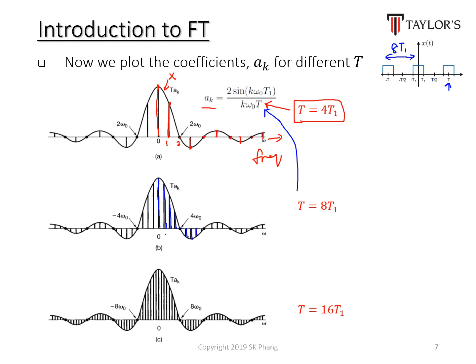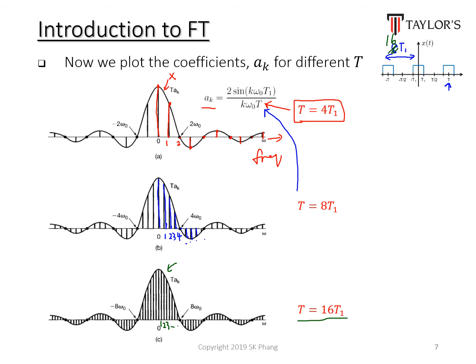So this one is still k equals 1, k equals 2, k equals 3, k equals 4, and so on. And then if we further increase it, let's say to 16t1, no longer 8 but 16t1, you'll notice that the spikes are even closer to one another, where we have very close numbers 1, 2, 3, and so on and so forth.